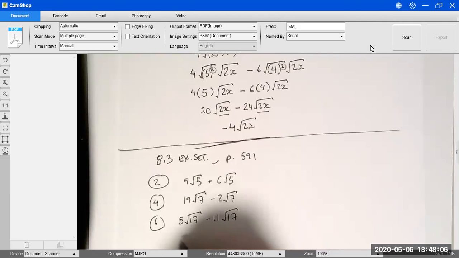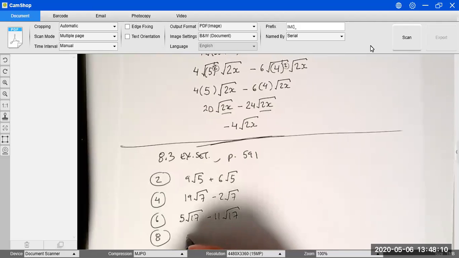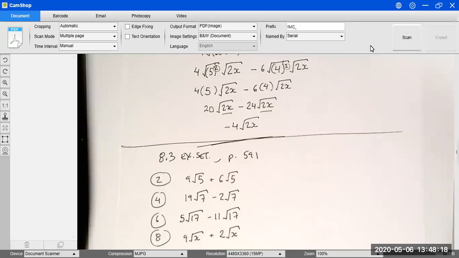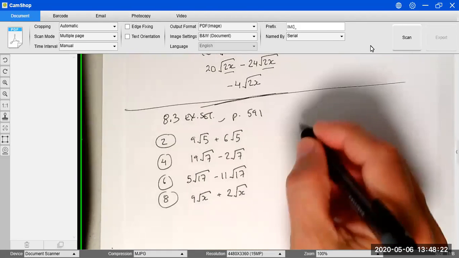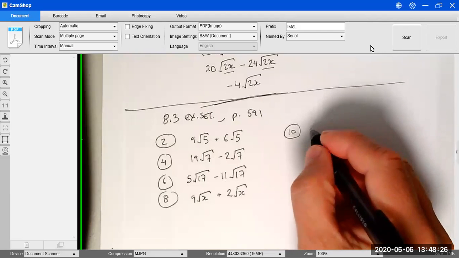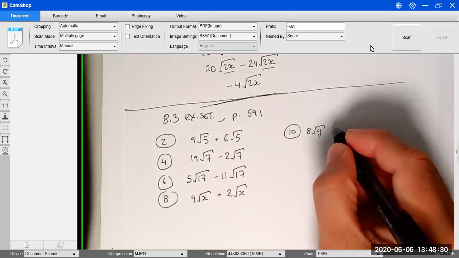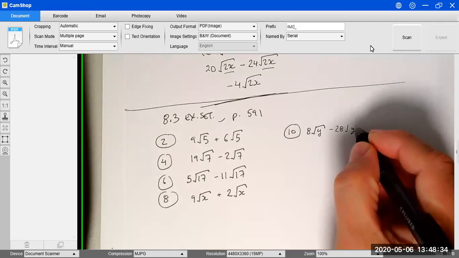Then number 8 is 9 radical x plus 2 radical x. Then number 10 is a radical y minus 28 radical y.